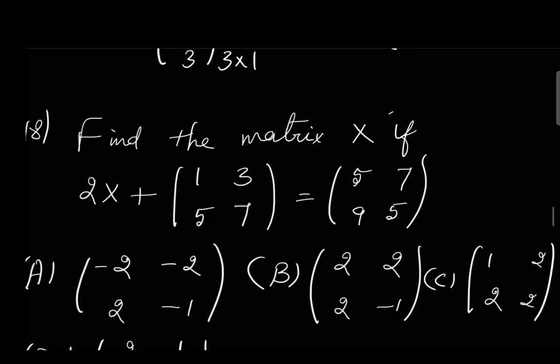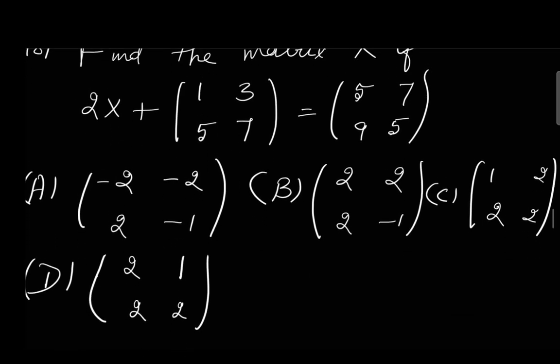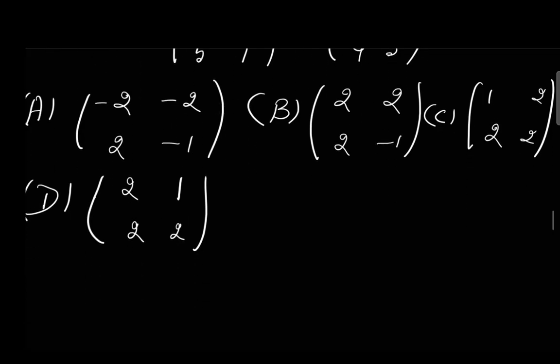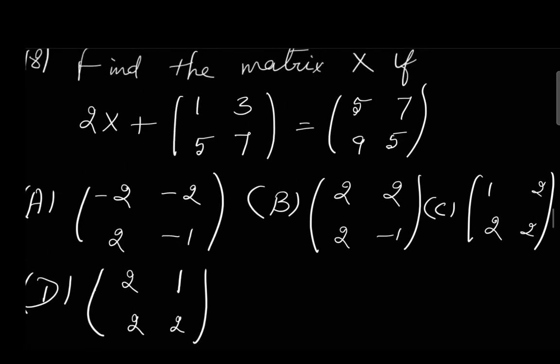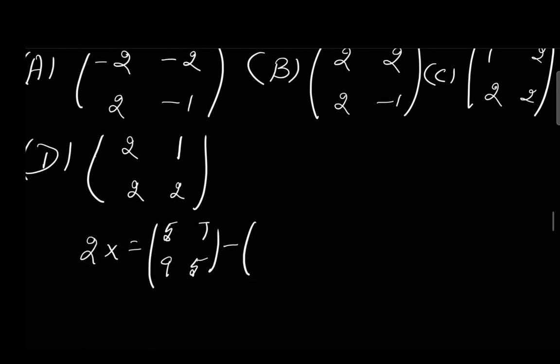Option D. Find the matrix X if 2X plus [1, 3, 5, 7] equals this. So 2X is equal to [5, 7, 9, 5] minus [1, 3, 5, 7]. You take this to the other side.